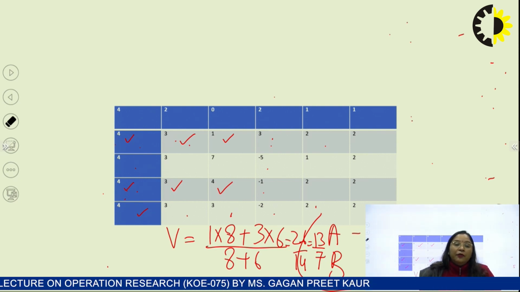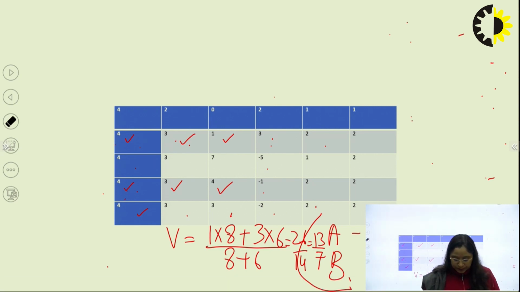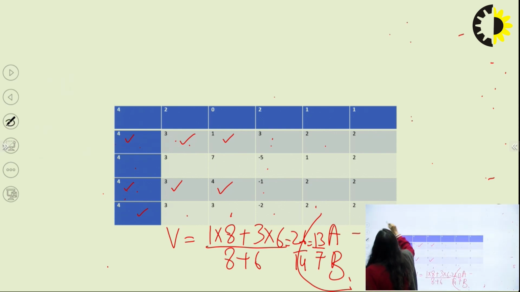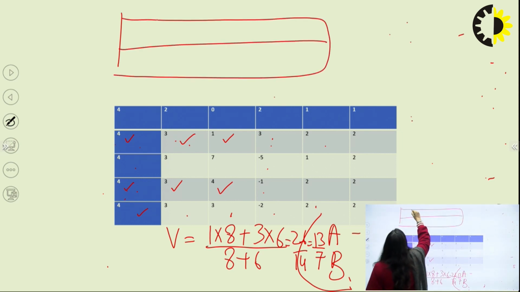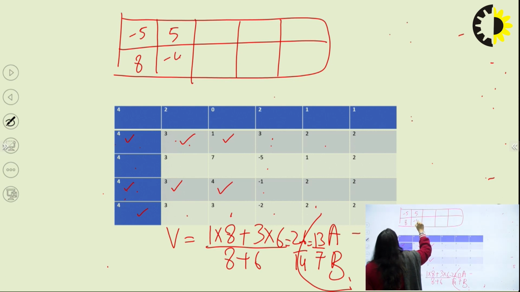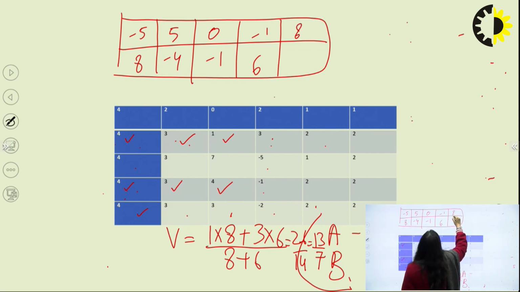Sometimes it happens that the average rule is not applicable to such kind of problem. Then what happens? For example, I will take one example and illustrate it to you. It is a 2 by n or n by 2 game: 5, 8, 5, minus 4, 0, minus 1, minus 1, 6 and 8, minus 5.